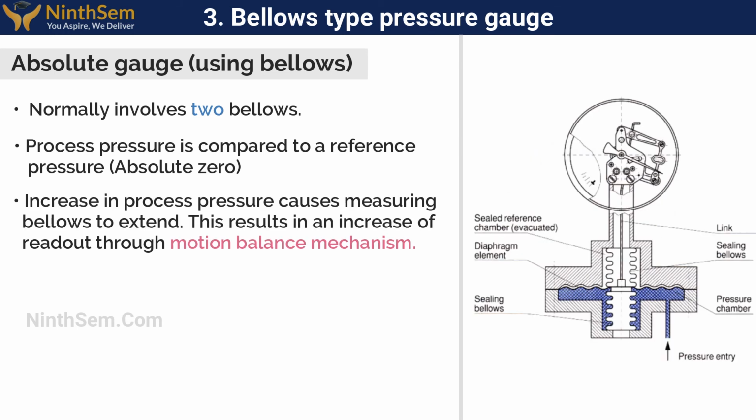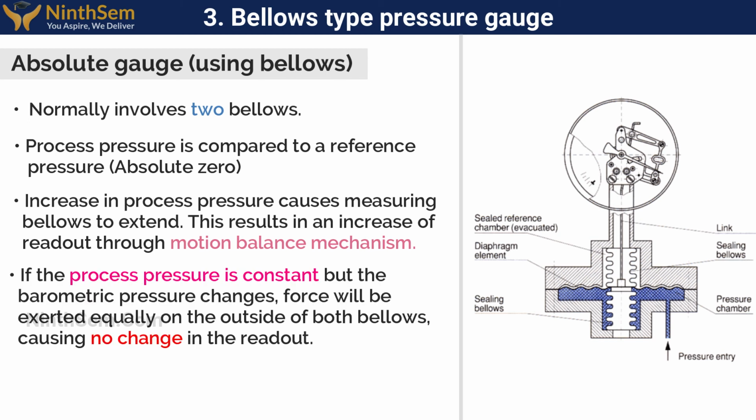An increase in process pressure will cause the measuring bellows to extend, which results in an increase in readout through the motion balance mechanism. Suppose the process pressure is constant but the barometric pressure changes.